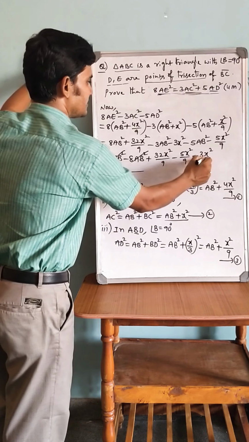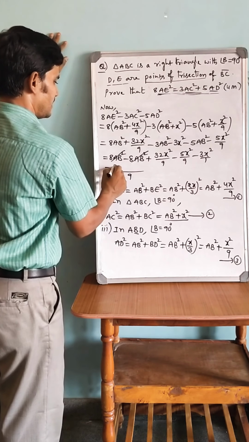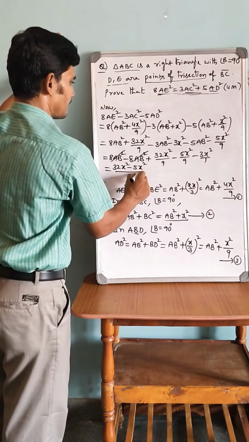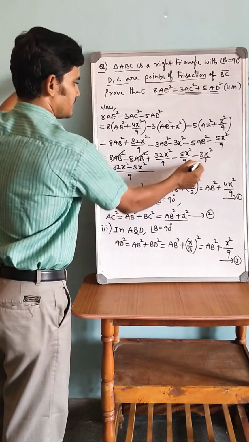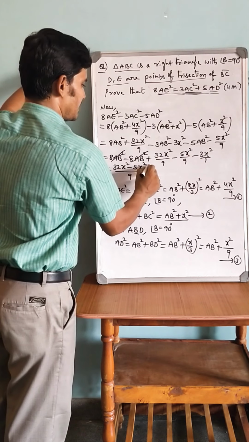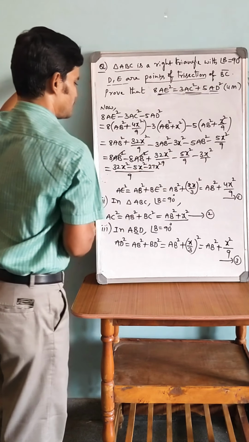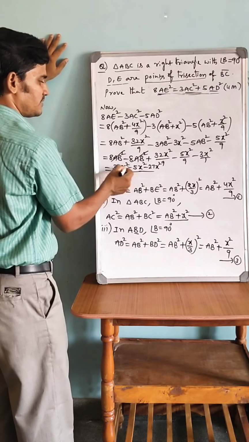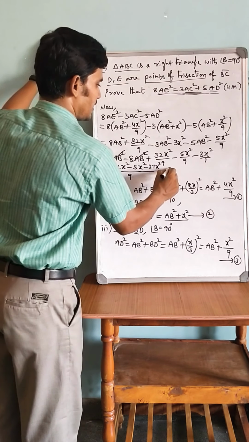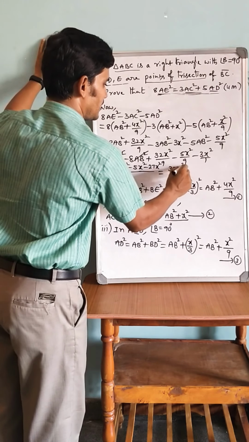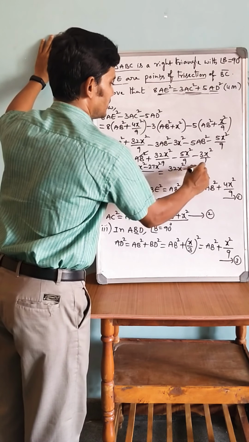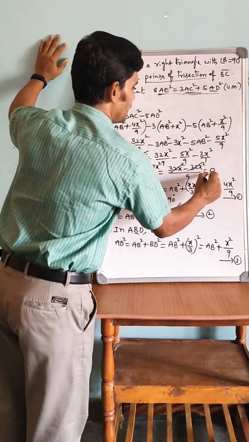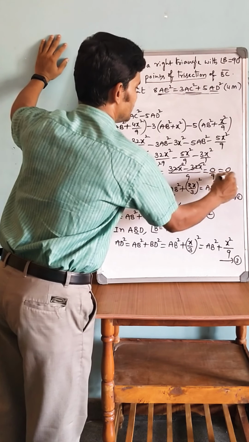Here, what is the LCM? 9. 32x square minus 5x square, and minus 3x square becomes minus 27x square. So minus 27 minus 5 is minus 32x square, plus 32x square. It is 32x square minus 32x square by 9, and these two get cancelled. We will get 0 by 9, that is equal to 0.